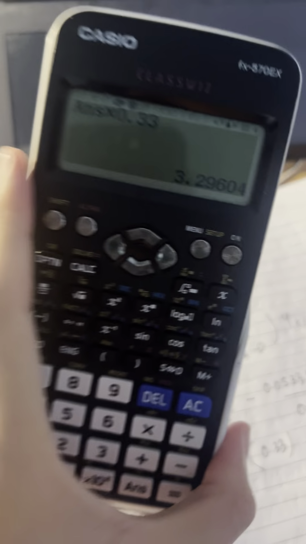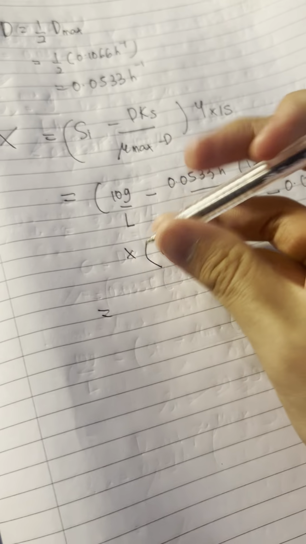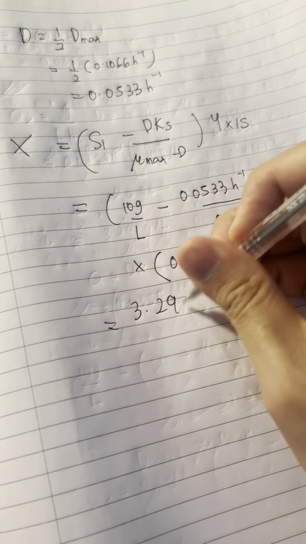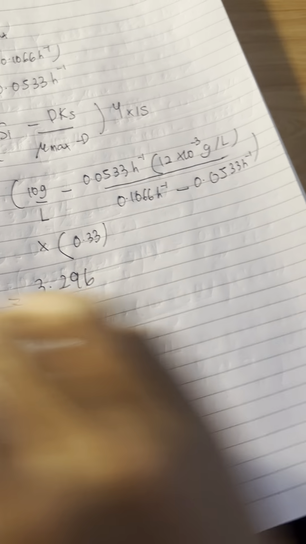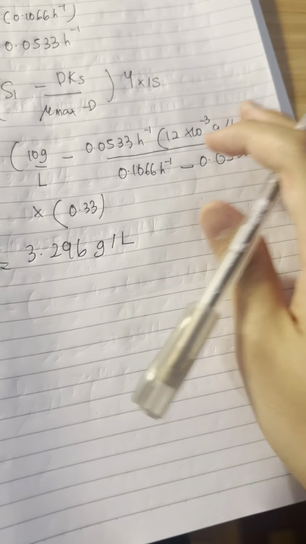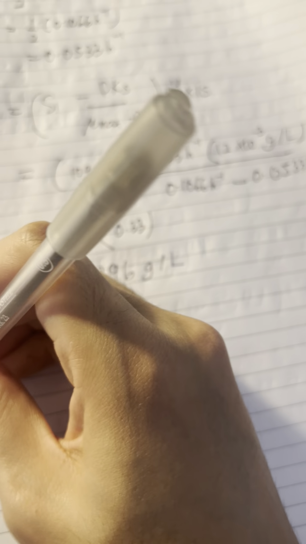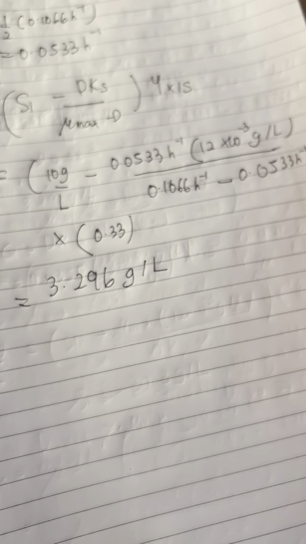You'll get 3.296. What's the unit? It's very important to write the unit, or else marks will be deducted. Gram per liter.